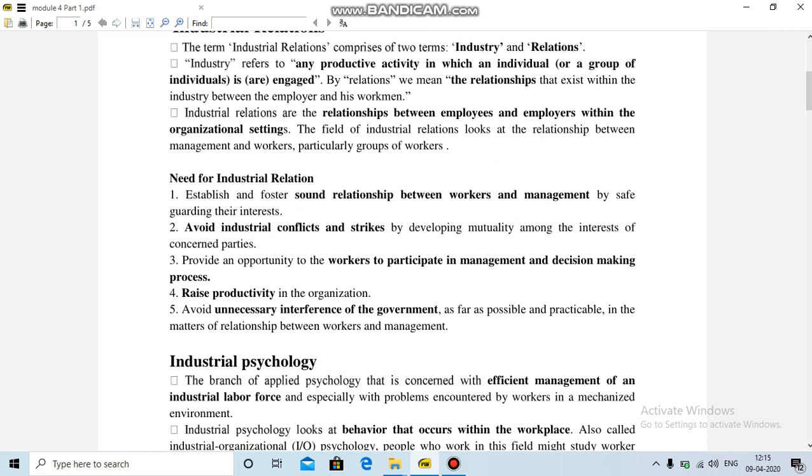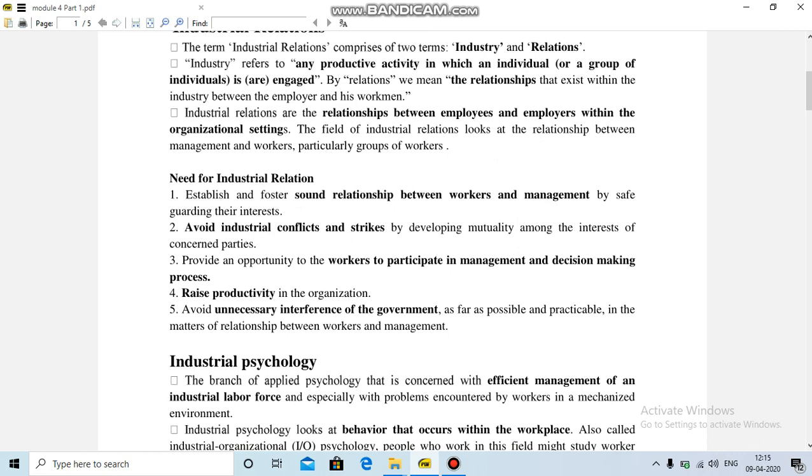Of course, a good industrial relation increases productivity. It also helps us avoid the involvement of the government and other outside parties. That's the first part.